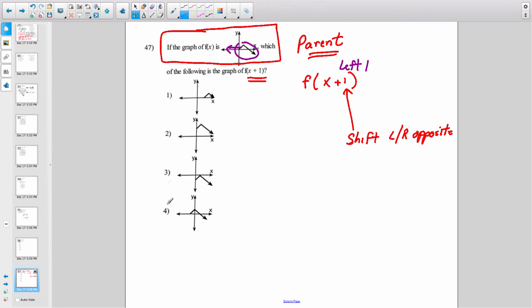I would have to say this guy, number 4, because it looks like my little vertex, which used to be here, now just moved over to the left 1 without going up like this one did, without going to the right, which is the mistake of going in the same direction, which you shouldn't. And this one went down 1, which is also not true. This is the correct answer.